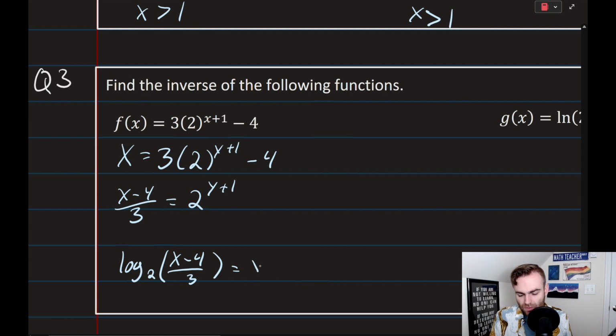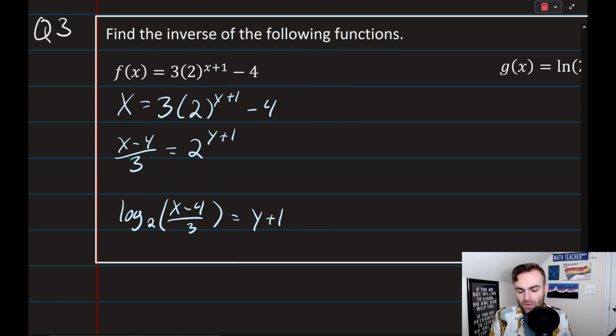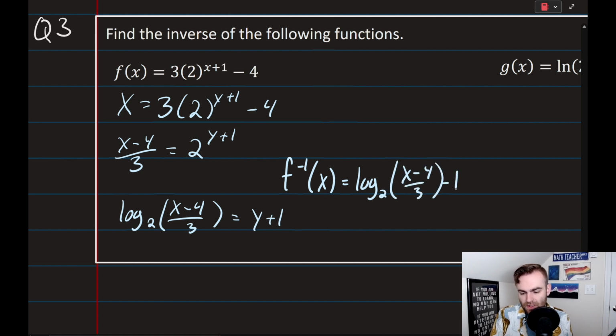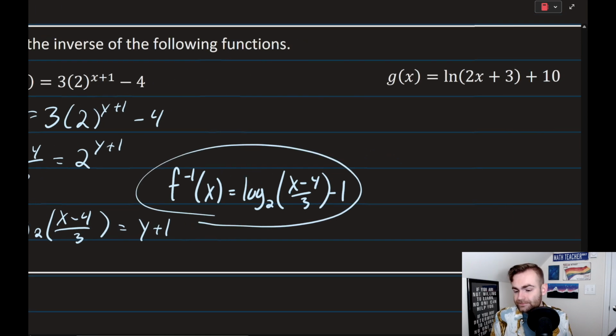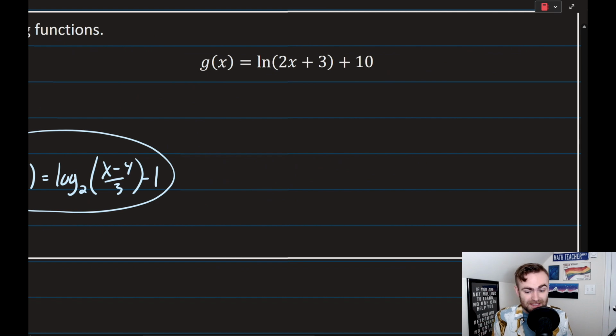That would cancel, leaving us with y plus 1. Subtract 1, so we get f inverse of x is equal to log base 2 of x minus 4 over 3 minus 1. Not bad. With logarithms, we can do the exact same way.